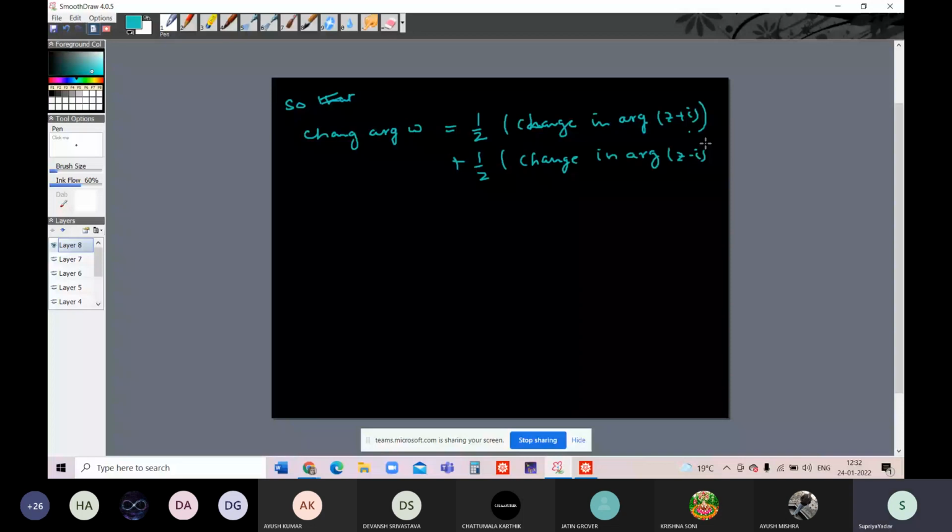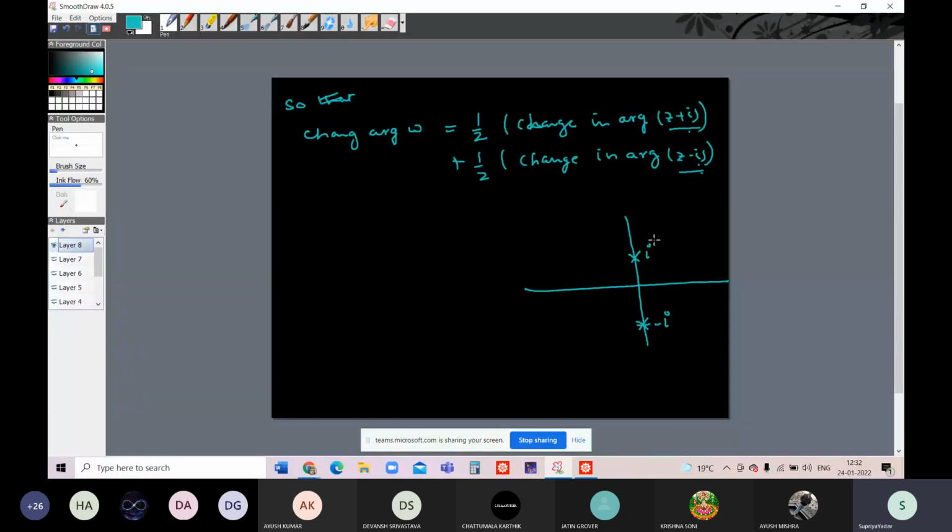Okay. Suppose that here we have z plus iota and z minus iota. It means that in our complex plane, z is equal to I and z is equal to minus I. These are 2 points here.